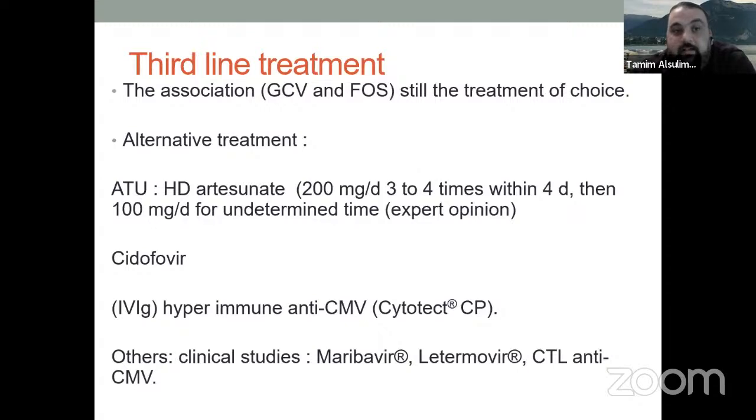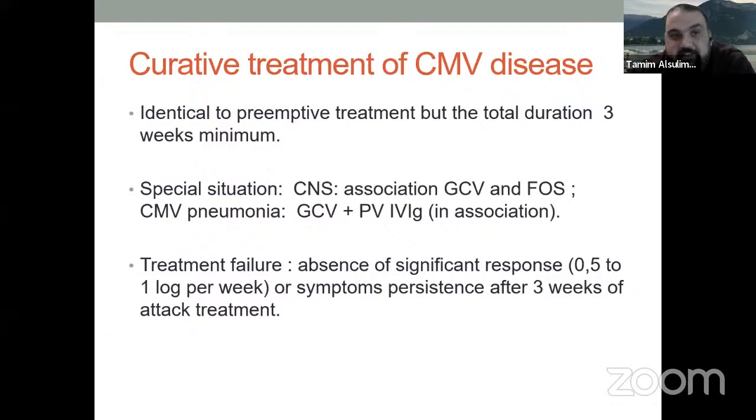For third-line treatment, we talked about the association between GCV and foscarnet. In alternatives, like in ATU, there are high-dose artesunate, cidofovir, AVIG, hyperimmune anti-CMV, and other clinical studies like maribavir and letermovir in those days.